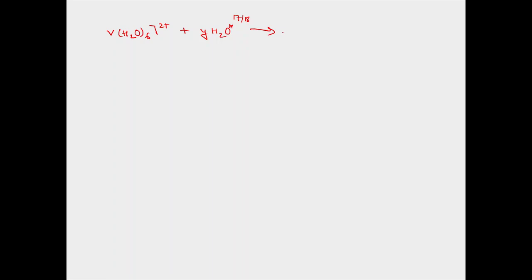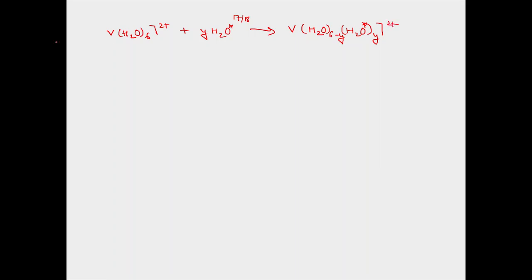it will be vanadium (H2O) 6 minus y and H2O, the labeled one, will be y again.